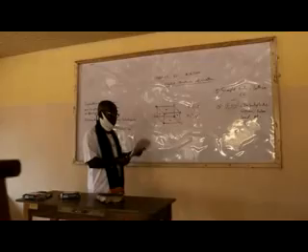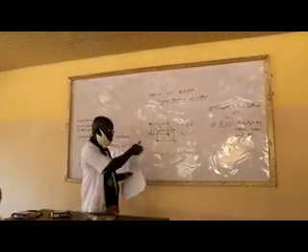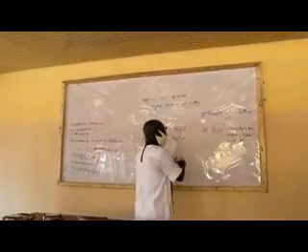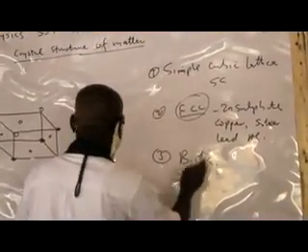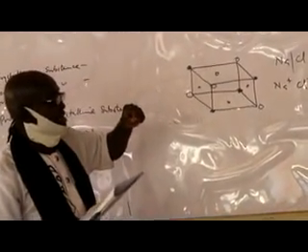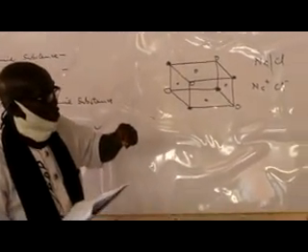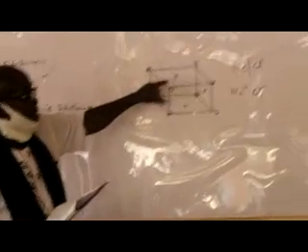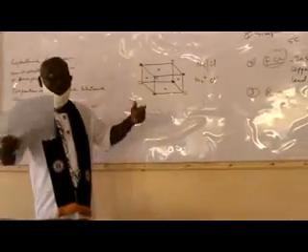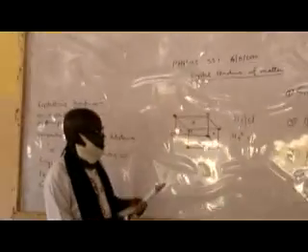Then the next one is the body-centered cubic lattice, BCC, number 3. The building foundation block is the simple cubic lattice, and the others are incorporated from it.